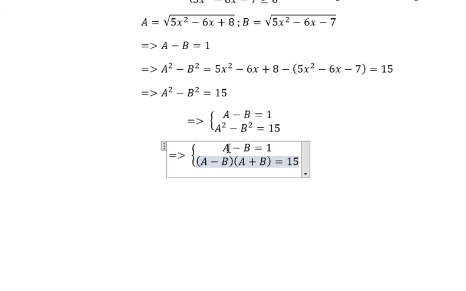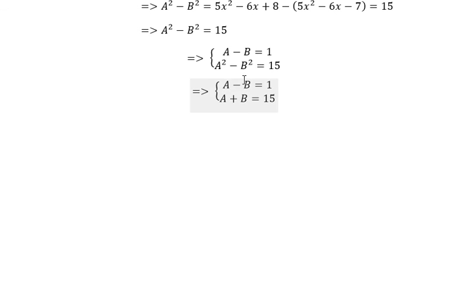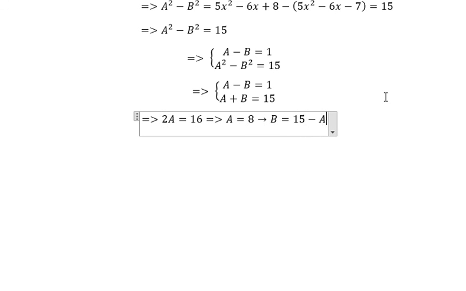So we got A minus B in here, and now we just need A plus B. We sum the two equations together and you get 2A equals 16, so A equals 8, and we can find the value of B, equal to 15 minus A, which is 15 minus 8, you get 7.